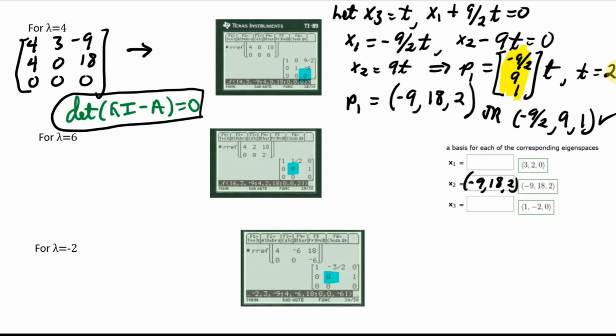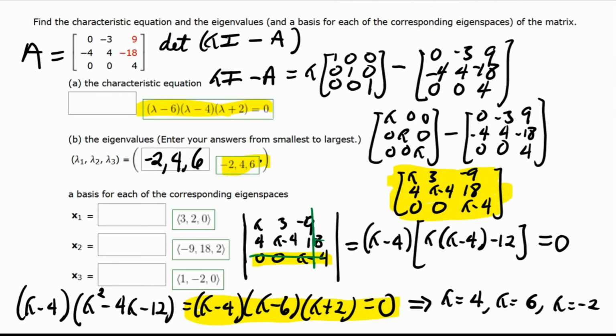Now, you let lambda equal to 6, and you plug that into this matrix that we have here in yellow. Always go back to that when we're doing the row reduction.